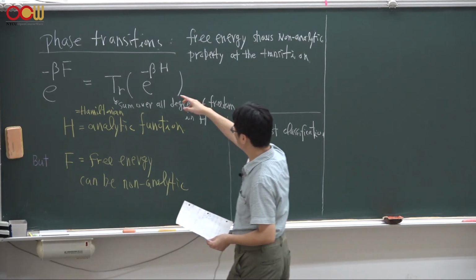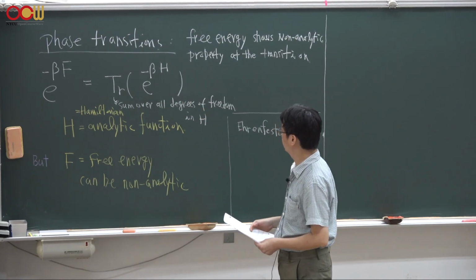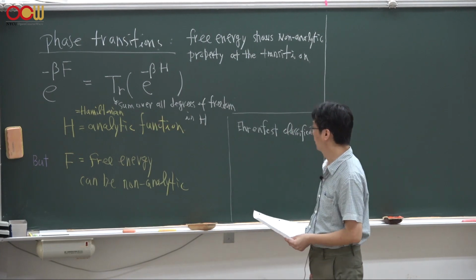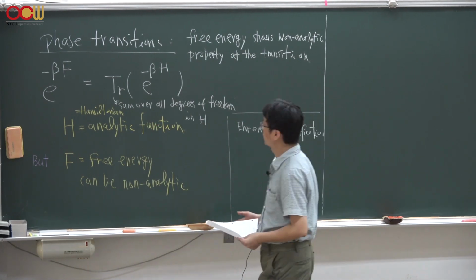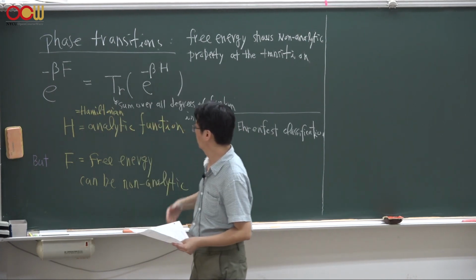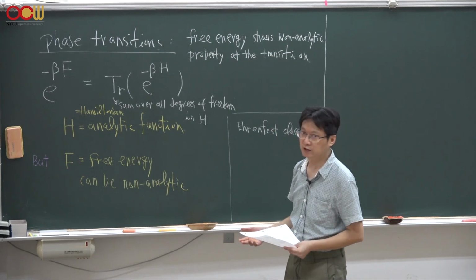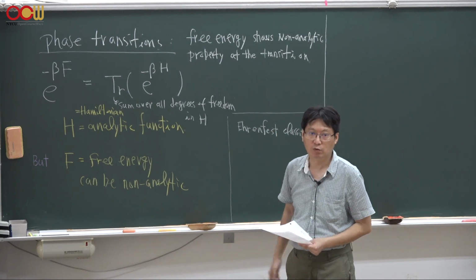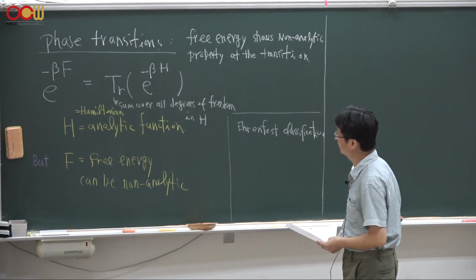When we sum over all these probabilities e to the minus beta H and sum over all degrees of freedom in the Hamiltonian, we effectively can define the free energy. In the exponent, when we take the log of this trace of e to the minus beta H, we can define the free energy. So that's what we learned from statistical mechanics.